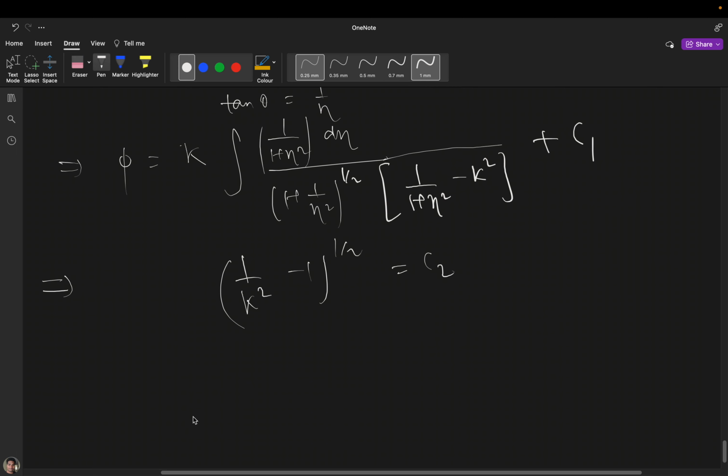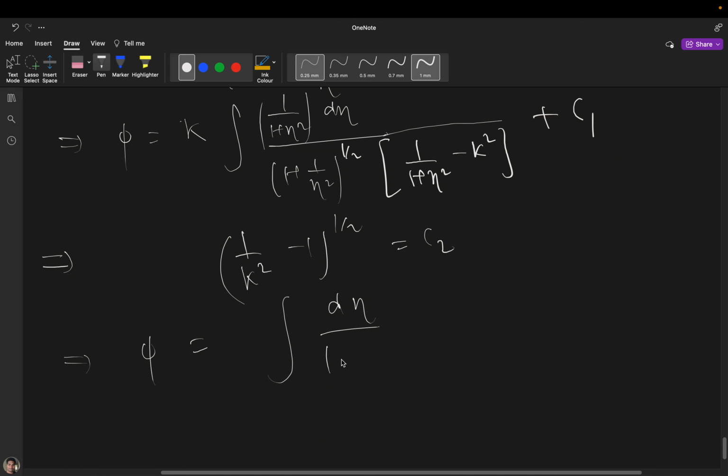When you substitute this, you will get phi as d eta divided by 1 divided by k square minus 1 minus eta square raised to the power 1 by 2 plus c1.